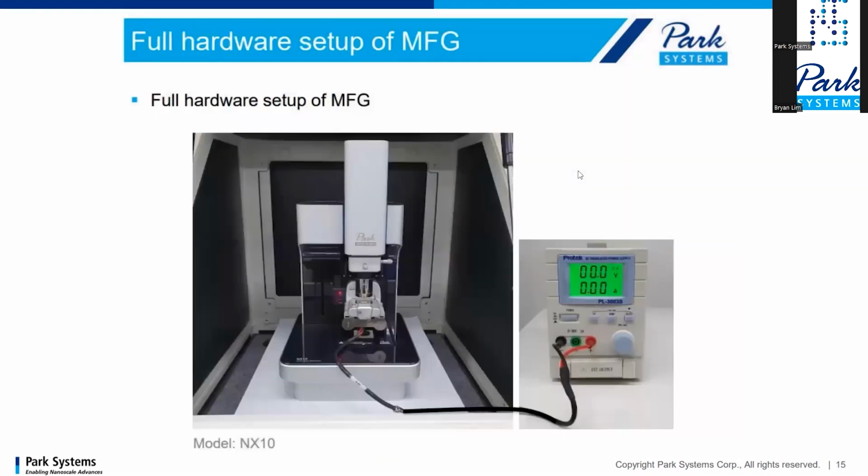Some additional hardware is the MFG, the external magnetic field generator. Here you can see the NX10, and there's a magnetic field generator connected to a DC power supply attached to the head. When you approach the sample, you can apply a magnetic field based on how much voltage you apply to the MFG.